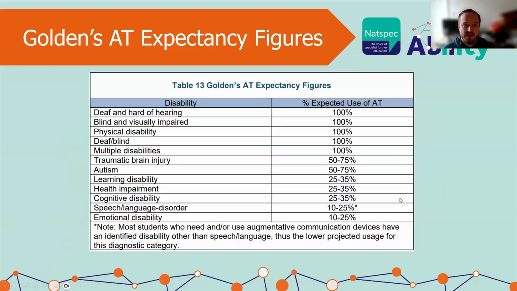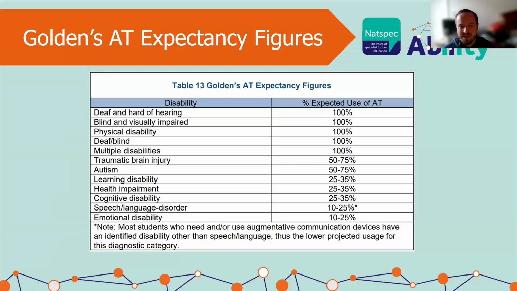From the same article, Eddie Byrne published these AT expectancy figures, which is a really good guide to start to understand how many students we would expect within a population to be using AT.